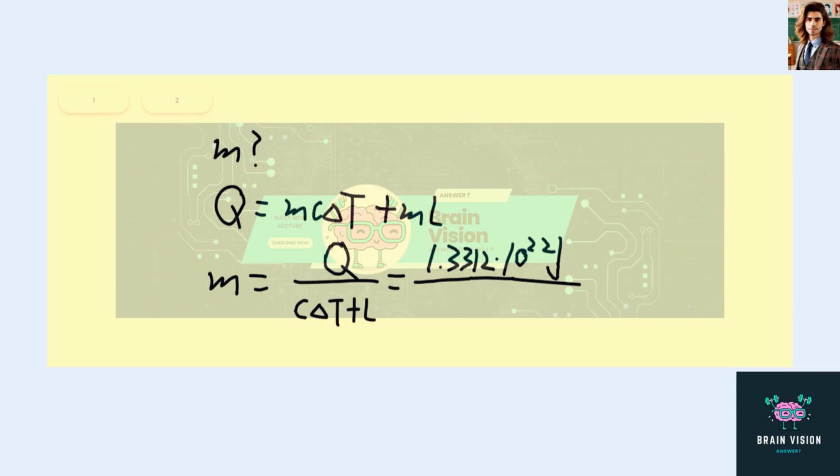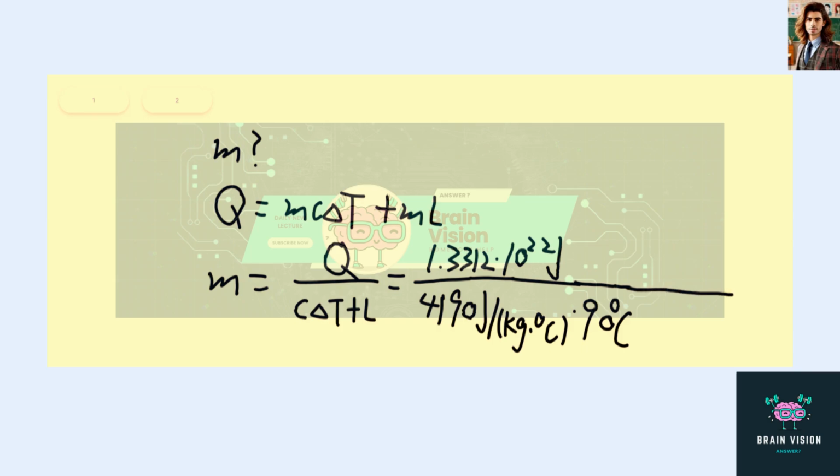Okay, c, the specific heat for water, is 4190 joule per kilogram times degree Celsius. Okay, and times the change in temperature. Since it's from 10 degrees Celsius to 100 degrees Celsius, so just 90 degrees Celsius. That's the change in temperature.